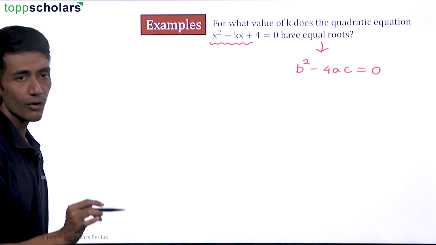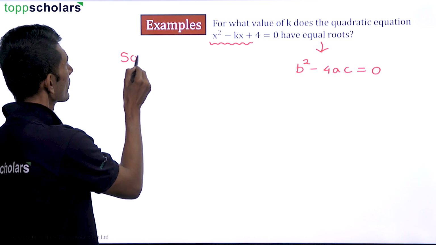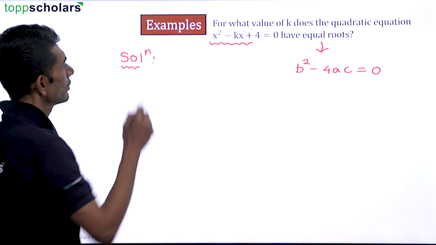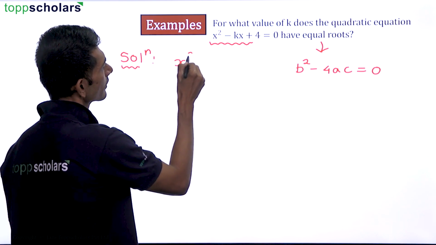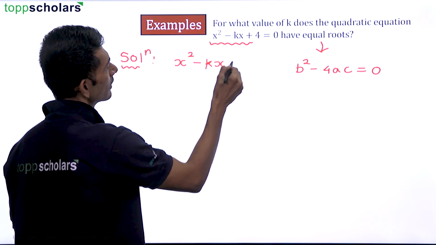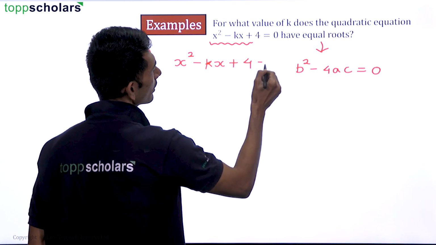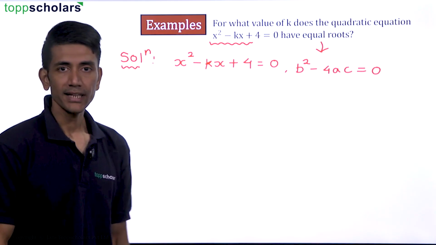So firstly, we have a quadratic equation. Let us note that down. What is the quadratic equation given? The given quadratic equation is x square minus kx plus 4 is equal to 0. Now we need to compare this quadratic equation with what?